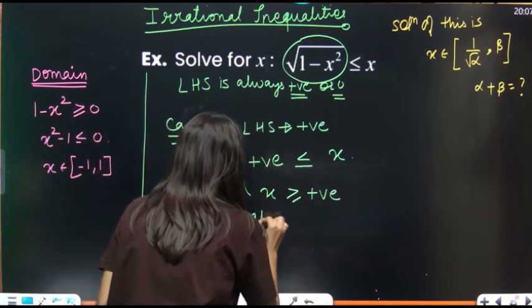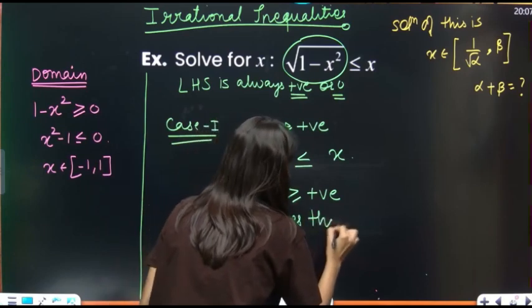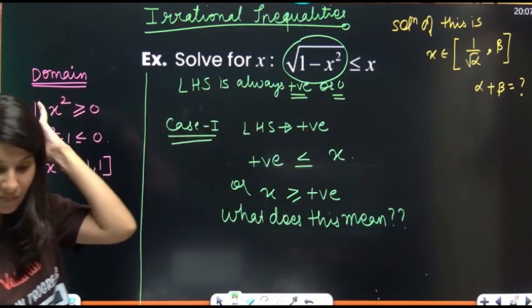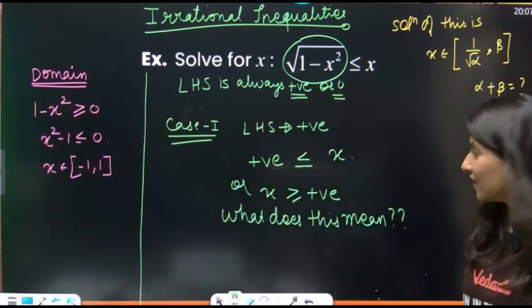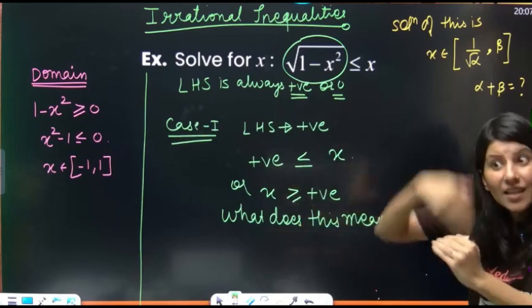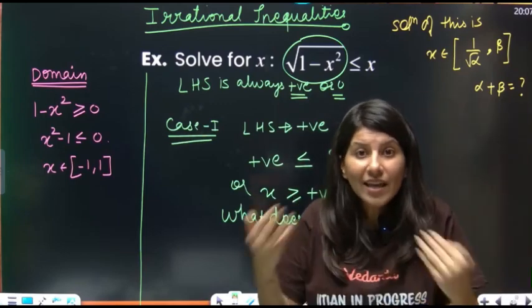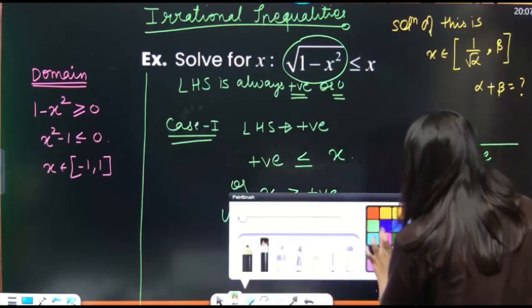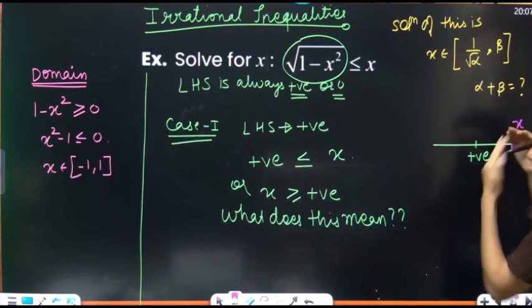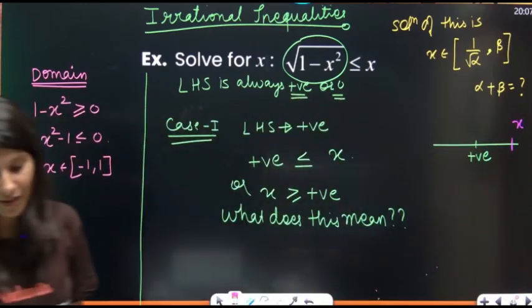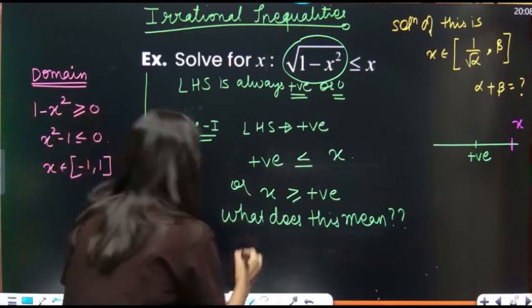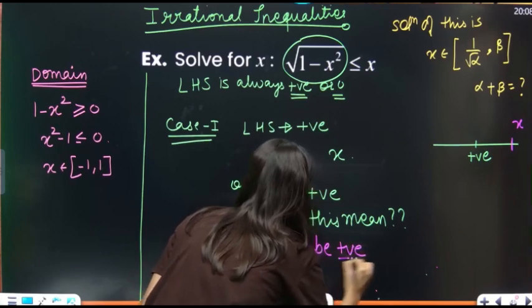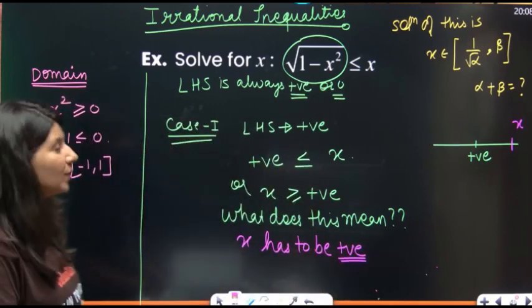Think, brainstorm. Yes, Yamini, you are absolutely right. x is greater than a positive quantity. That means if there is some positive quantity and your x is greater, x should lie over here. Obviously, x has to be positive.